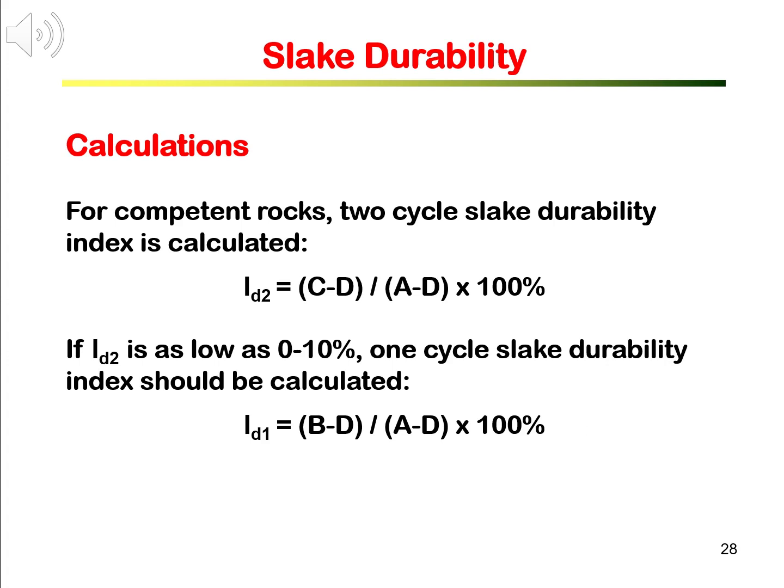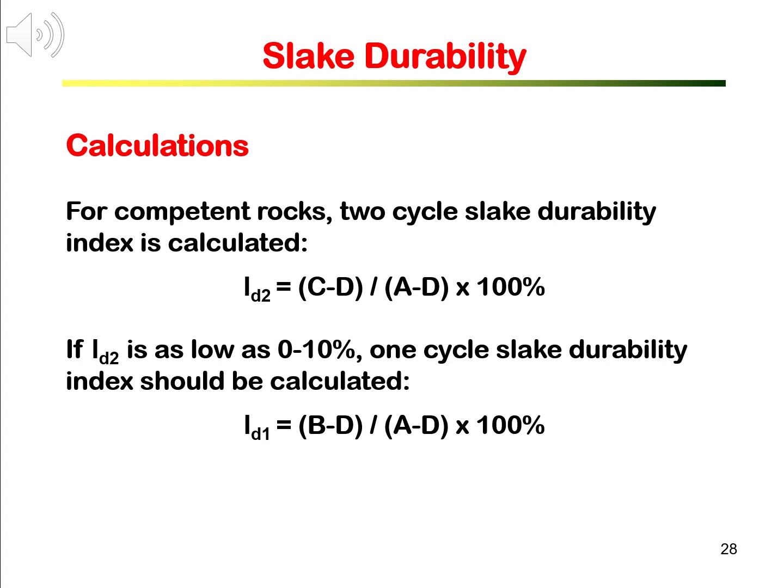However, for poor, weak, or highly weathered rocks, they are not durable. In the test, rock lumps of those rocks may not be able to sustain 2 rounds of rotating in water and drying. That is, after the second round, there is very little or even no rocks remaining in the drum.